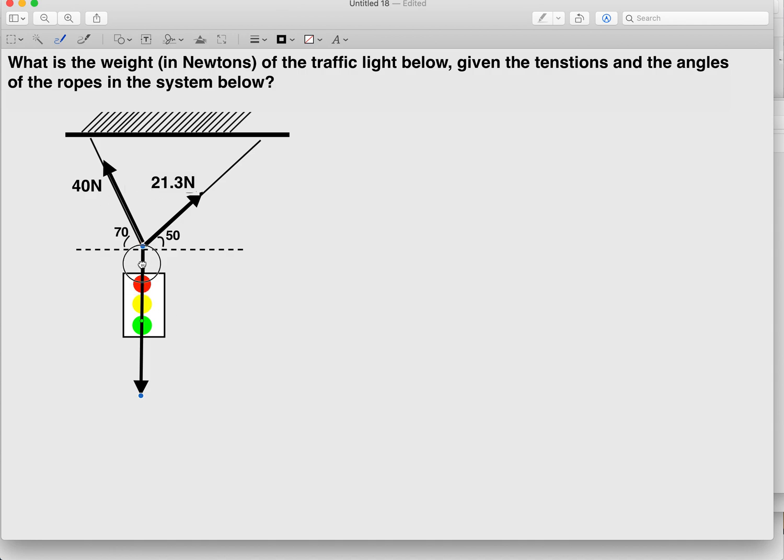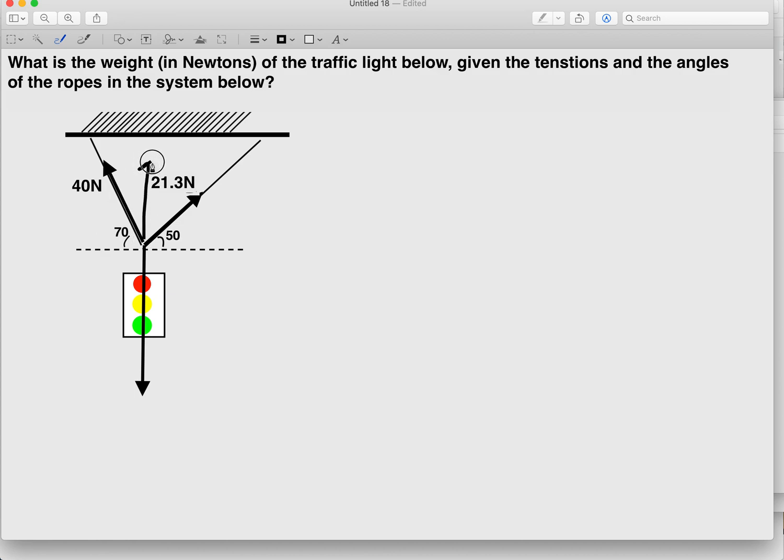So this downward arrow, this force of gravity, this pull must be equal to these two tensions' vertical components.